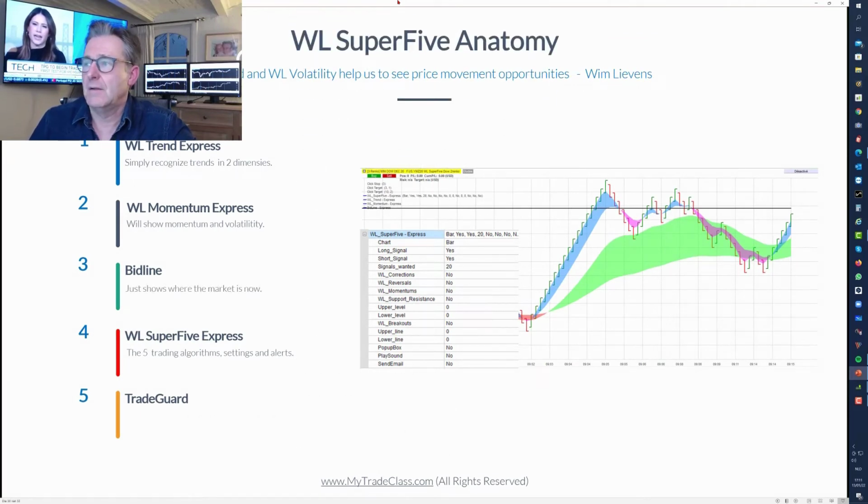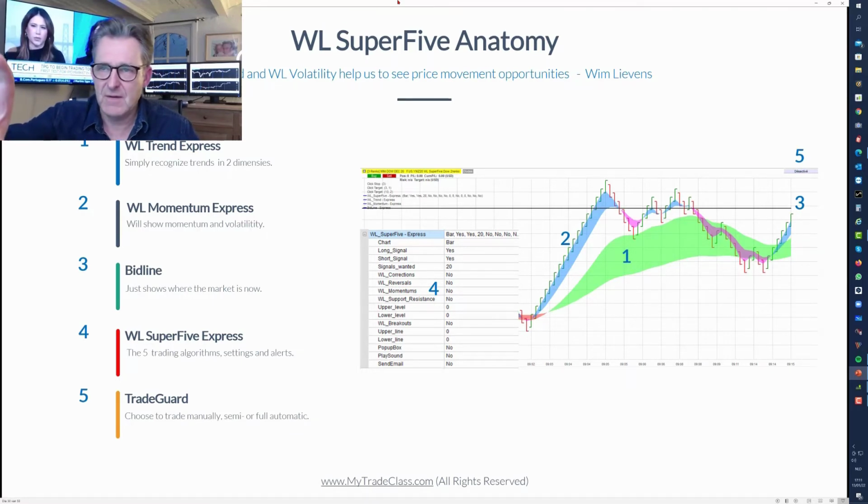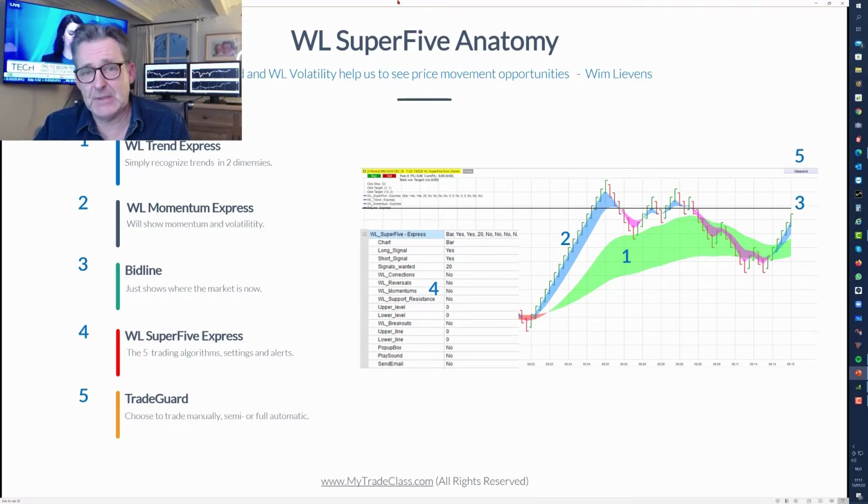We've done this in the SuperFive anatomy. How does it look? Now, I just want to talk about the trend and the momentum. What you see are these clouds, the green and the red cloud and the blue and the magenta cloud. You can change all these colors. That's not the thing.